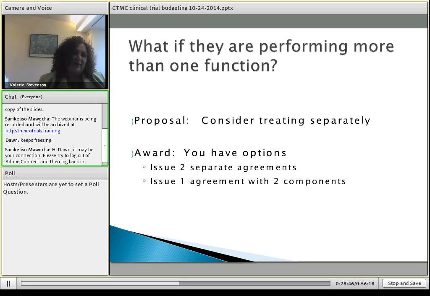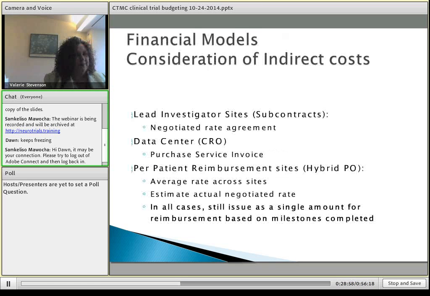I am kind of in favor of having 2 separate agreements just because of the work scope, and many times institutions' F&A recovery, depending on what the work is being done, is different. So sometimes it's just cleaner to have 2 separate agreements. So when we talk about the cost of doing research, again, the consideration of indirect costs or facilities and administrative costs. When we're talking about what type of agreement to use, it seems like, well, gosh, we're getting them paid, so why would we spend so much time working that out?